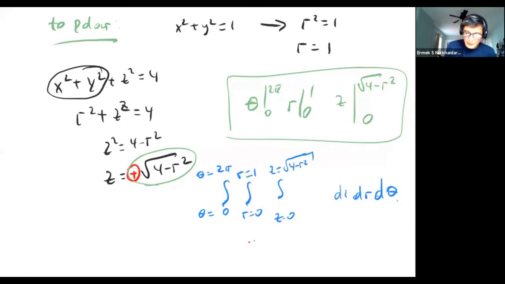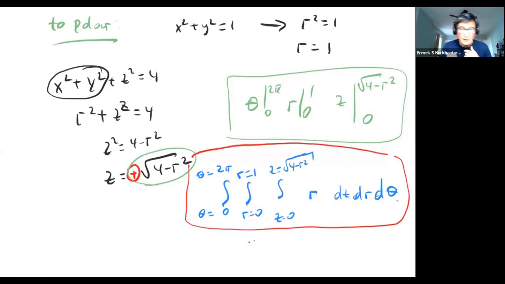And initially we had the function 1 because we calculated the volume, but now we're going to put in an extra r because we're switching to cylindrical, or polar. So that's how the integral is going to look in this case. We still have to calculate it, but it should not be too difficult an integral to find.